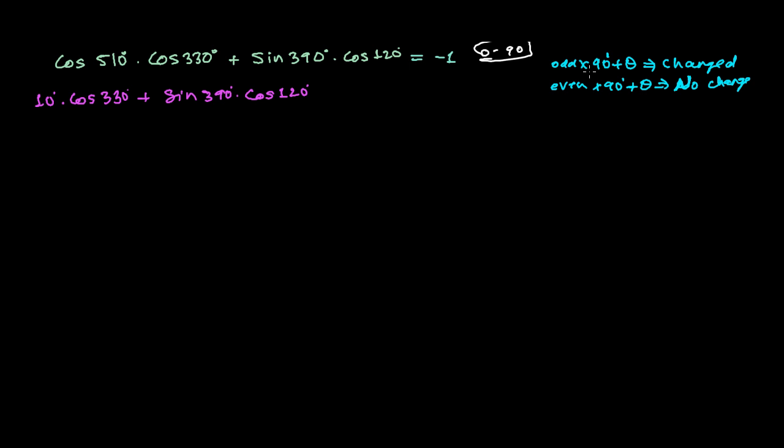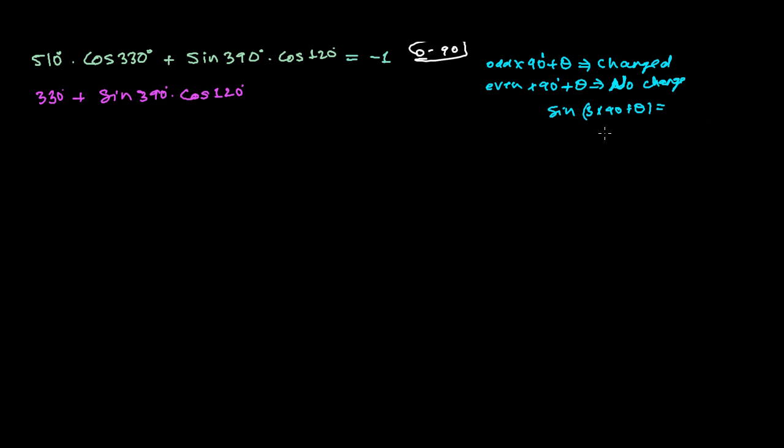For example, if I have sine of 3 times 90 plus theta, what is the value? 3 is an odd number, right? So odd number times 90 plus theta changes, meaning sine will change into cos theta.